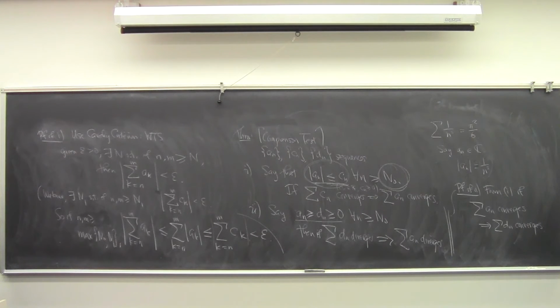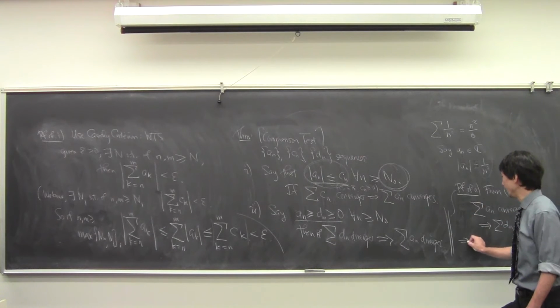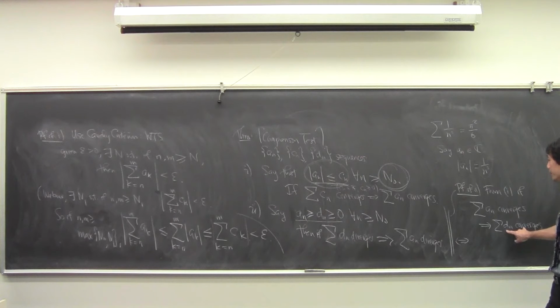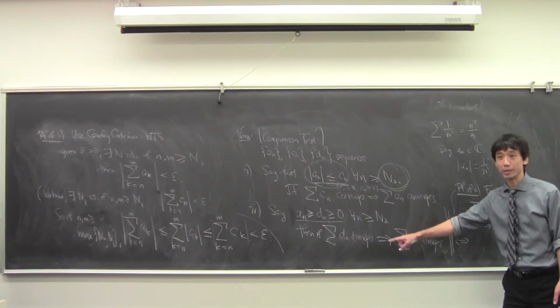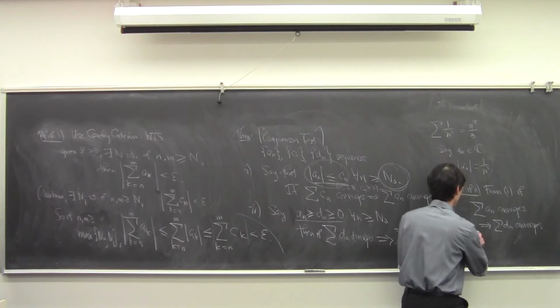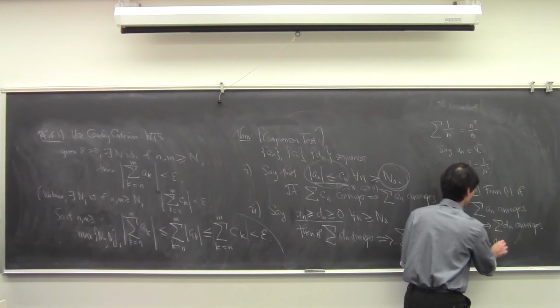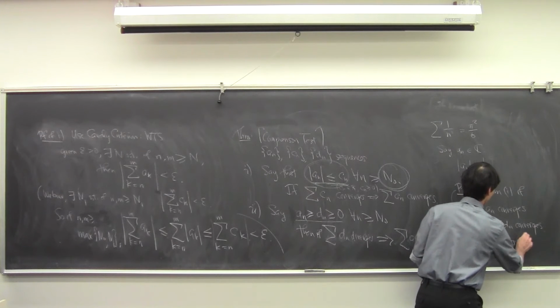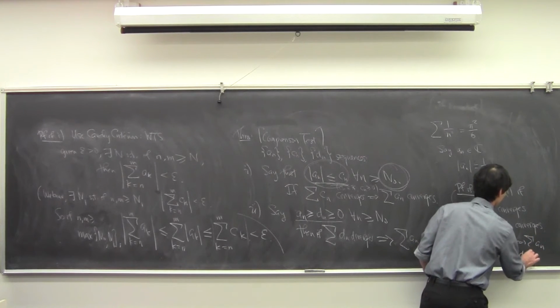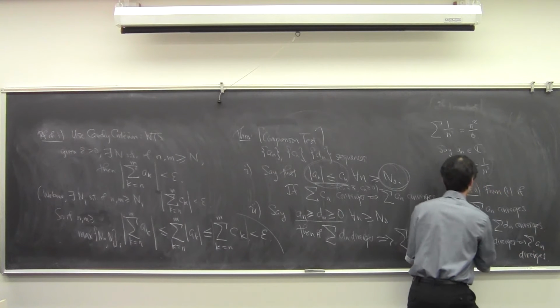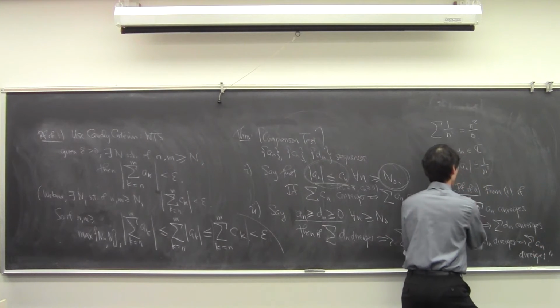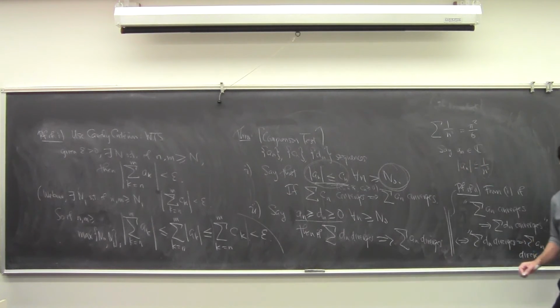Right. If the bigger guy converges, then the smaller guy converges. Right. But just take the contrapositive. That's equivalent to saying that if the smaller guy diverges, then the bigger guy diverges. Right. And so that's what we're saying. Take the contrapositive.